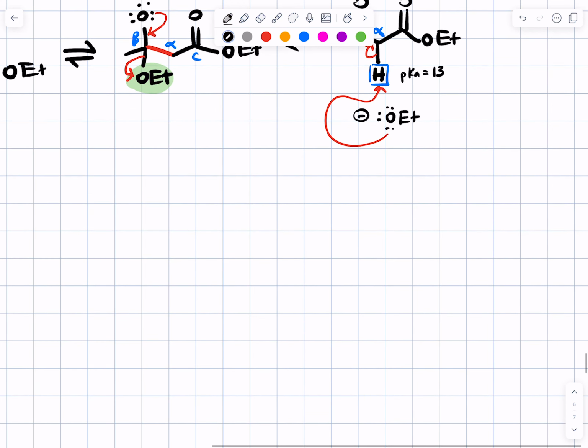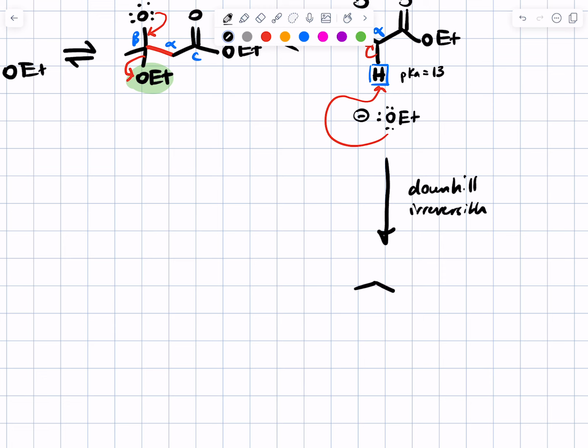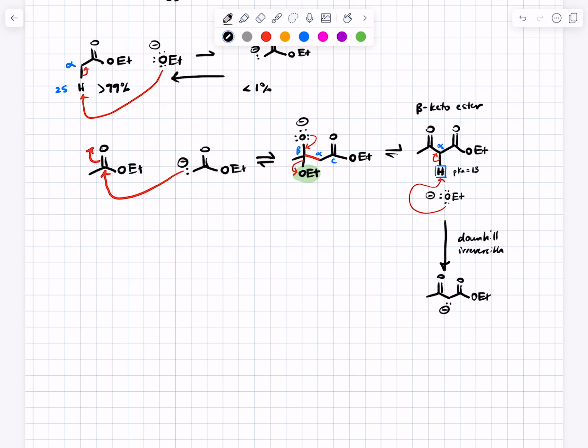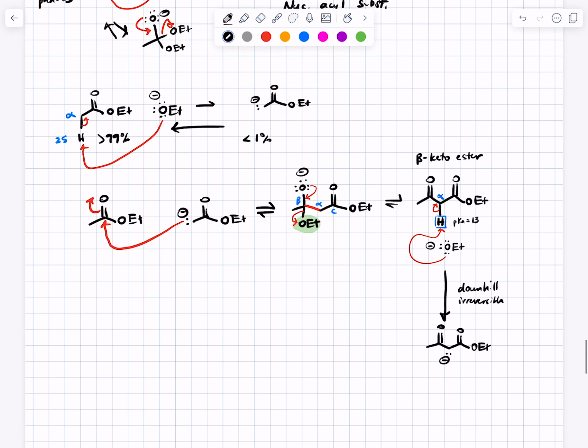That step is downhill and effectively irreversible while the reaction is going. So the reaction is complete when we make the conjugate base of our beta keto ester. By the time we get here, there's no starting material left.